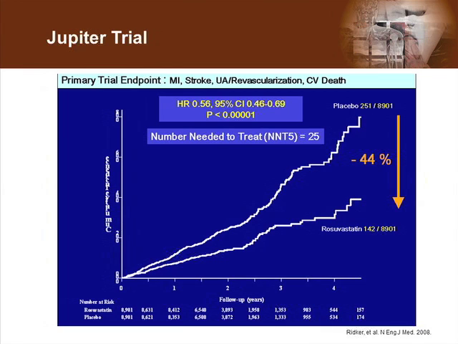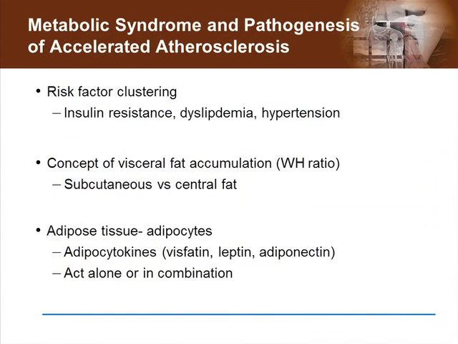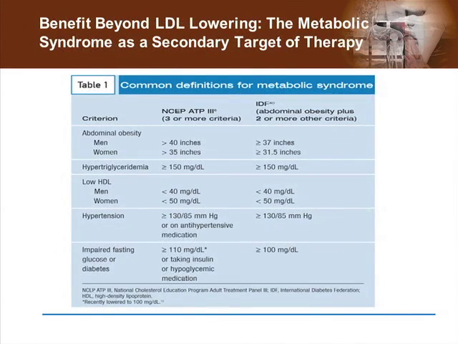This trial was ended prematurely due to its positive effects, where they showed that the treated group had a 44% reduction in major cardiovascular events, and those are listed here: MI, stroke, arterial revascularization, as well as DVT-PE, as well as reduction in mortality. And furthermore, within the JUPITER subsets, the greatest absolute risk and the greatest risk reduction was observed in those with the highest levels of persistent pro-inflammatory response.